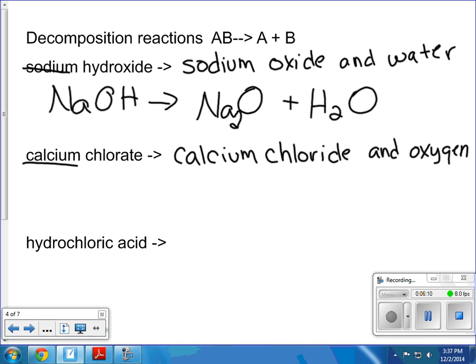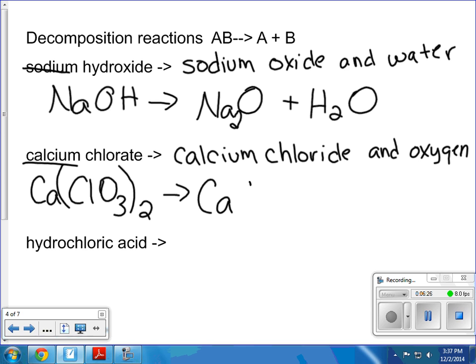All right, so let's write our formulas down. Calcium chlorate, CaClO3. Ca is a +2, chlorate's a -1. Yield sign, calcium chloride, CaCl. Calcium's a +2, chlorine's a -1, so we cross them. And oxygen. Oxygen is a diatomic, so I have to put O2.